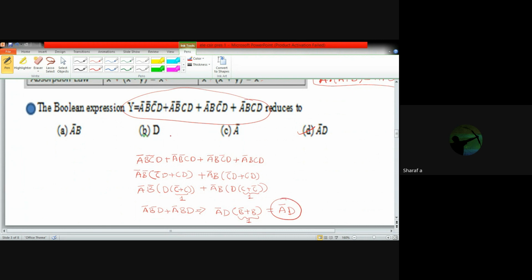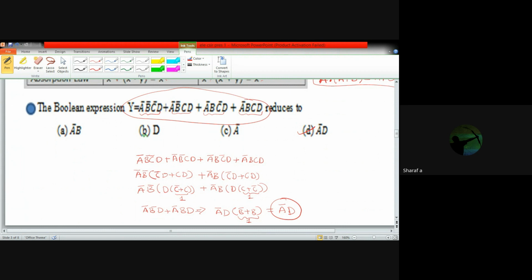If you are considering this expression itself, you are using an AND gate for A bar dot B bar dot C bar dot D. This term needs an AND gate, this term needs an AND gate, this term also needs an AND gate. So you have to use 4 AND gates here.